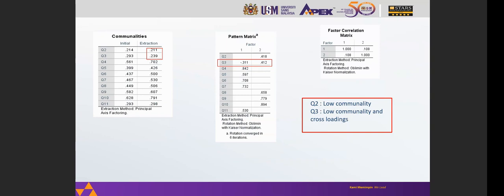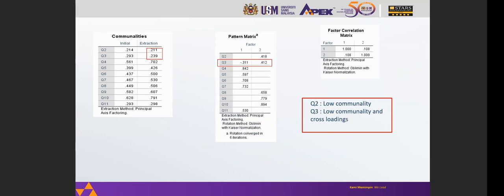Then we have to check with our items whether, if we have many items, we can keep Q3 in factor 2.